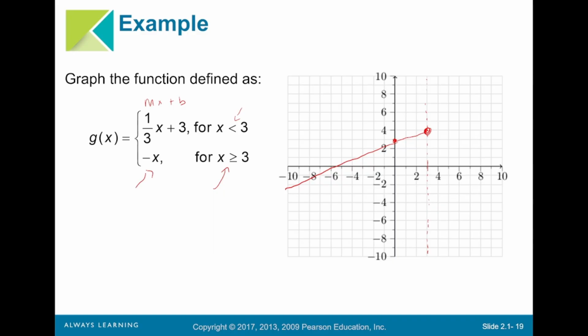Now for this guy, this is all happening to the right. So I'm going to graph it, but then I'm going to erase anything that's happening to the left of that x equals 3 line. So here my m is -1, and my b is 0, which means this guy really starts at 0, 0, and does a down 1 over 1 to draw the line.